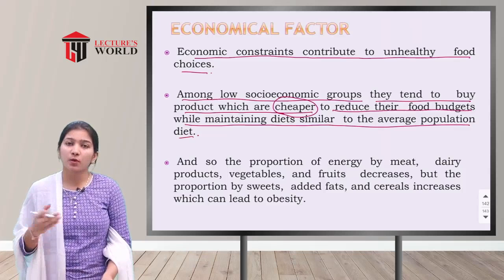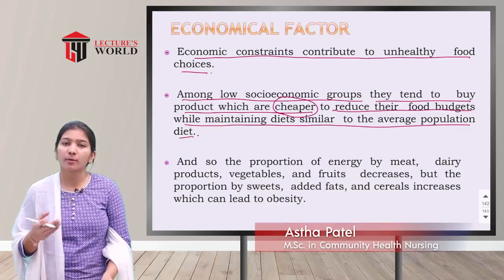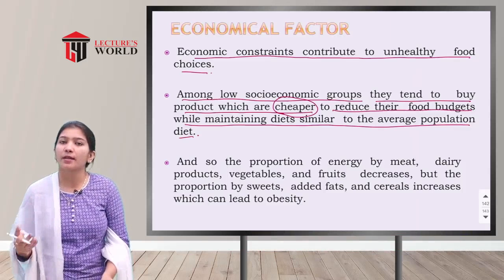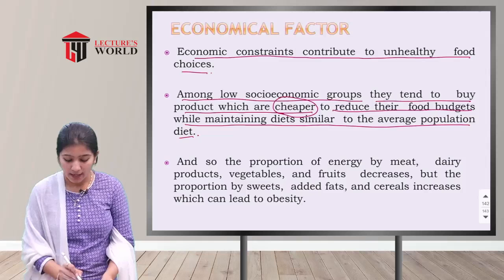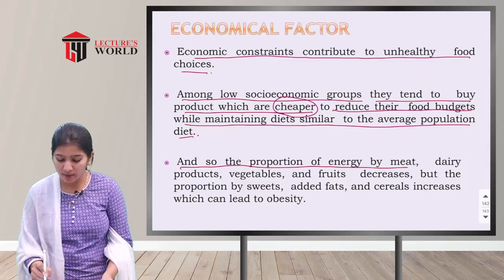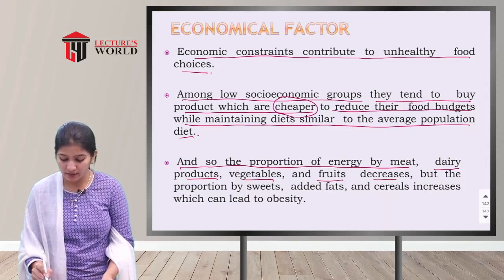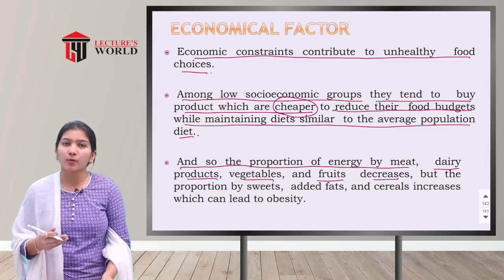Those who are poor purchase less nutritious food, and that affects their health. The proportion of energy from meat, dairy products, vegetables and fruits decreases, because they are not able to purchase these.